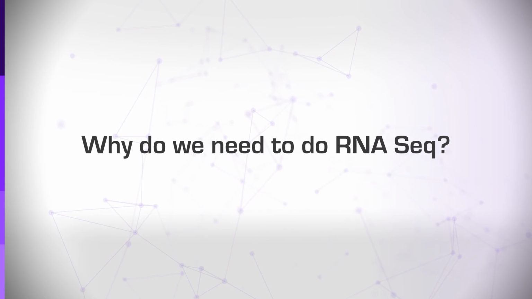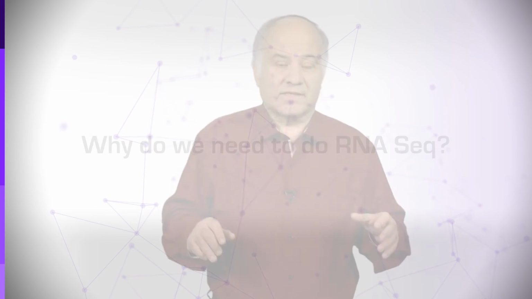Why do we need to do RNA-seq? The DNA of an individual is similar in all of his or her cells, with a notable exception of cancer cells, which we will discuss in one of the next units. Thus, if we wish to know a person's genomic sequence, we would need to sequence their genome once in their lifetime.